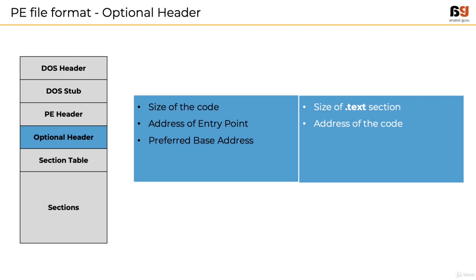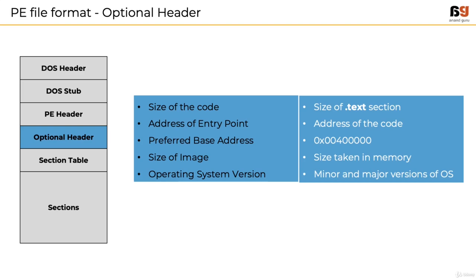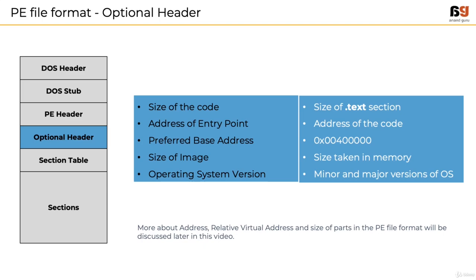It must be a multiple of 64K. The default for recent versions of Windows is 0x004. It also contains size of image, which is the size of the image including all the headers as the image is loaded in memory. And operating system version refers to the minor and major operating system versions. More about address, relative address and size of each part in the PE file will be discussed later.